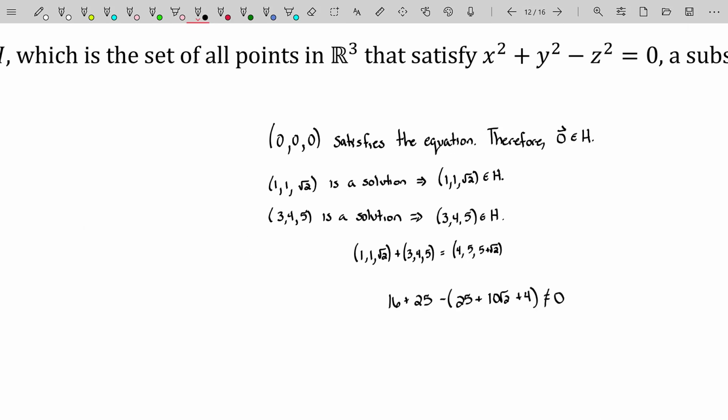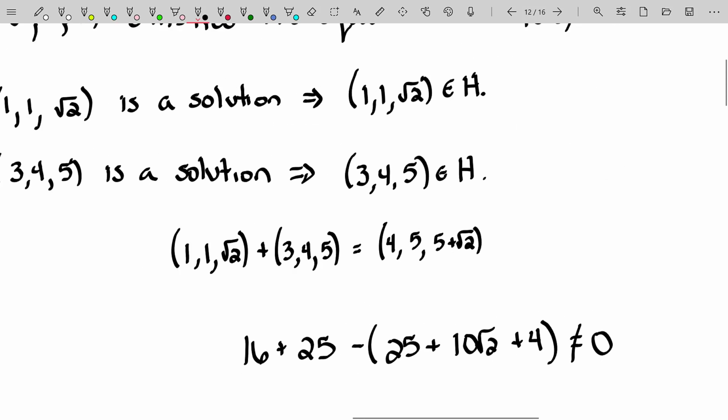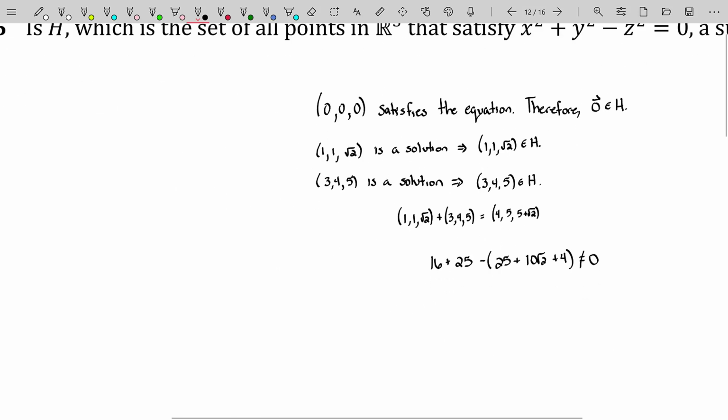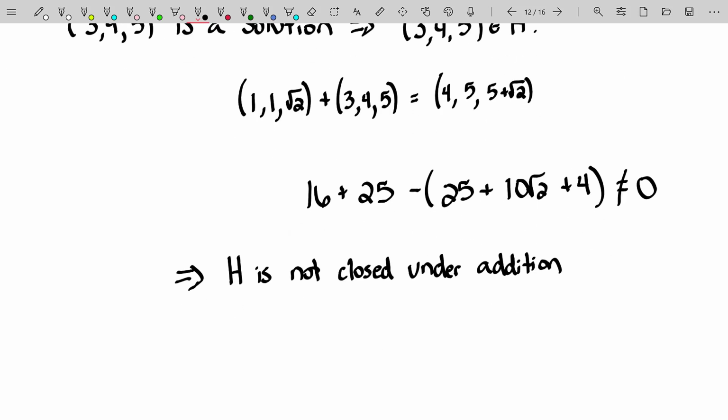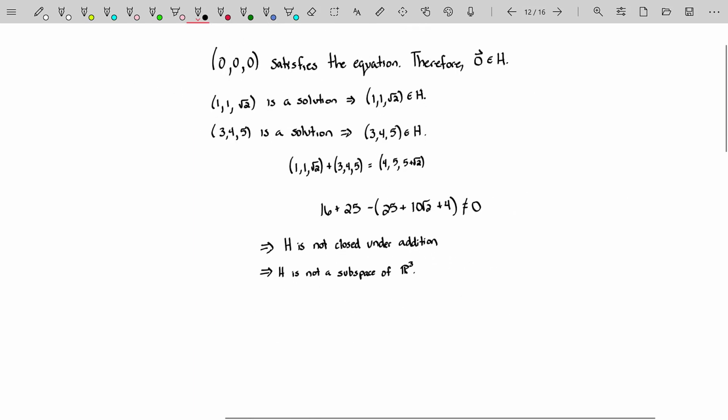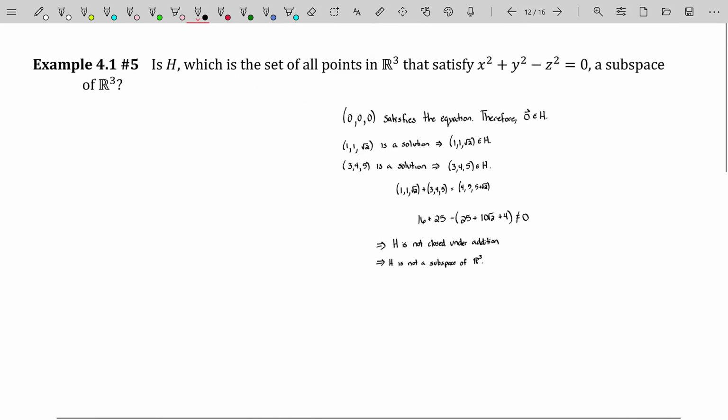I can tell you right now, because we have a radical and there's nothing to offset that radical, that will not be 0. And therefore, the sum does not satisfy the equation. That implies immediately that H is not closed under addition, and that implies H is not a subspace of R cubed. So that's a pretty good counterexample problem as well.